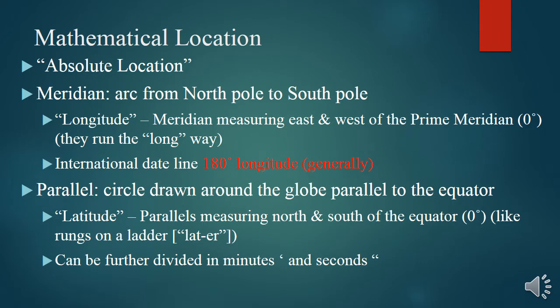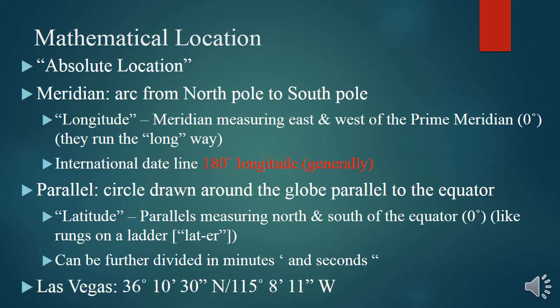The lines of latitude run in an east-west direction, right, if you're looking at them on a map, but they help you measure your location north and south of the equator, okay? From 0 degrees at the equator to 90 degrees at the highest parallels, and then 0 degrees and 90 degrees to the south.